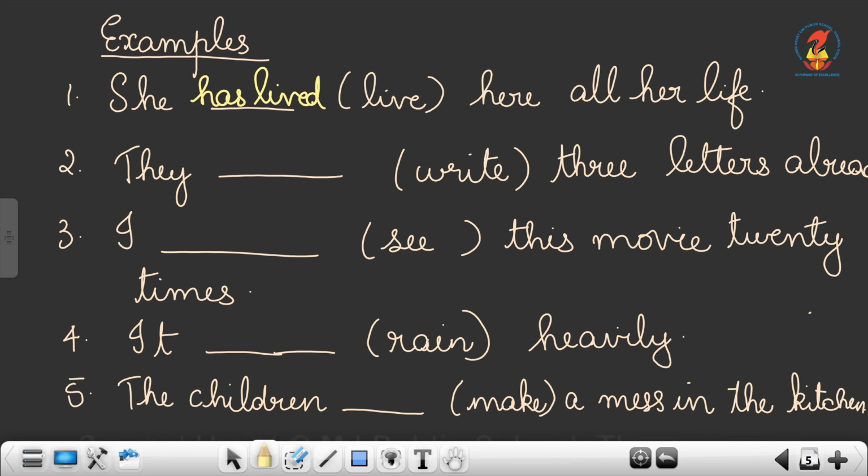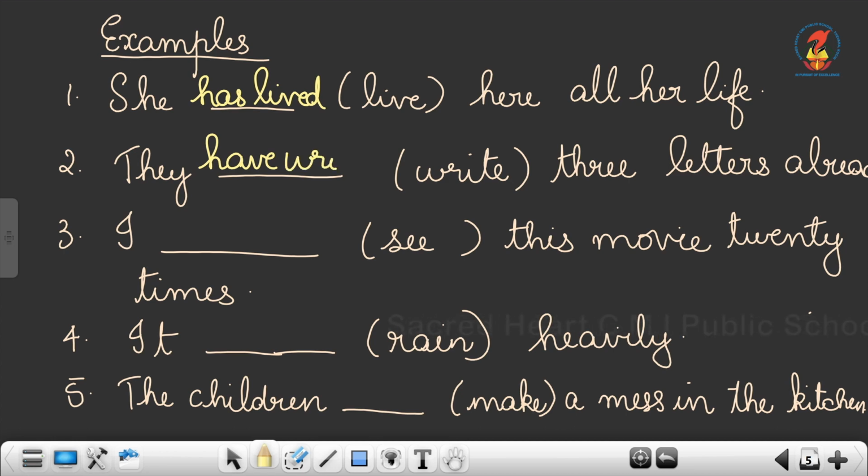Now the second sentence, they dash three letters already. What is the subject here? Yes, they is the subject. So if they is the subject, which one do we have to use, has or have? Yes, have. Have, that is, has or have plus past participle form of the verb. What is the past participle of write? Yes, write, wrote, written. These are the three forms. So written is the past participle.